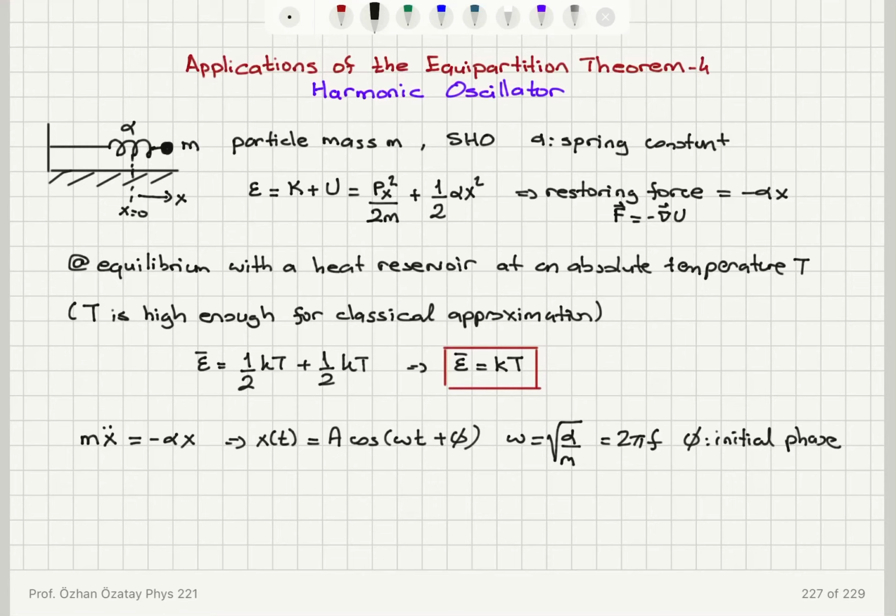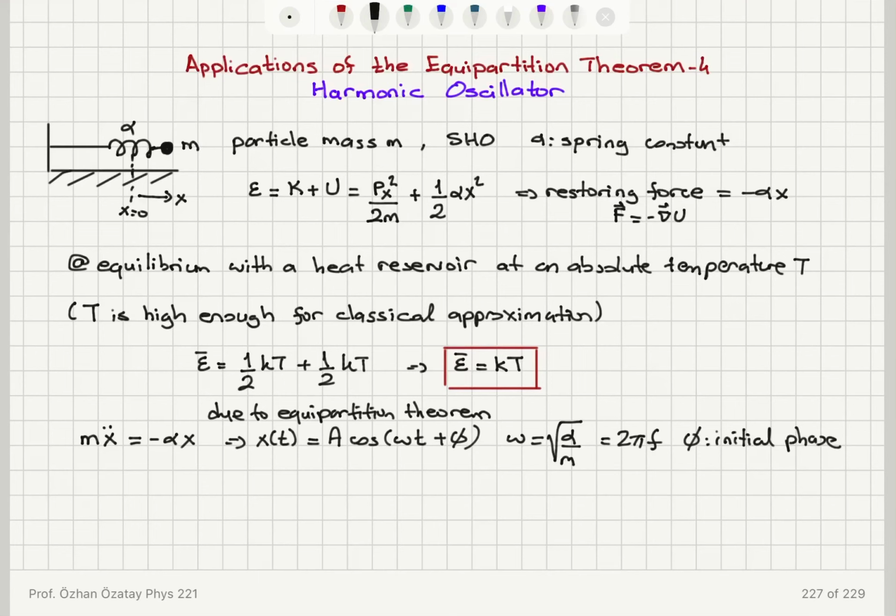So at equilibrium with a heat reservoir at absolute temperature T, my equipartition theorem tells me, due to equipartition of energy, we have 1 over 2 kT contribution to the mean energy of the system for each independent quadratic term in position and momentum.